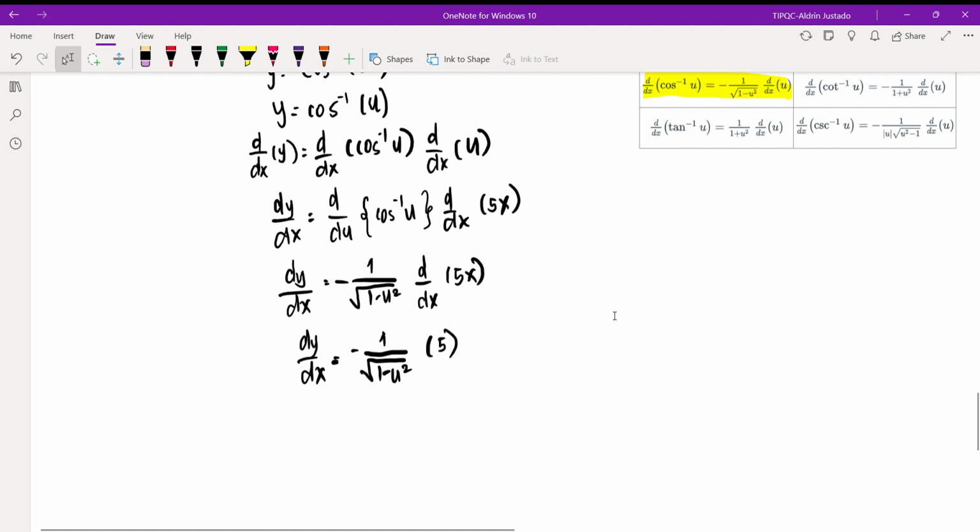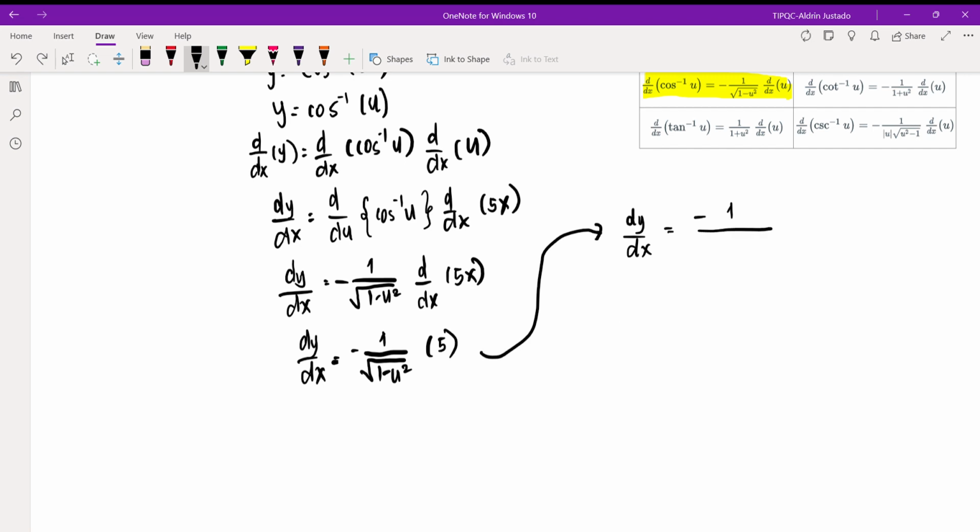So, substitute na natin, simplify this one. Dito na natin ilagay siguro. dy over dx is equal to negative 1 divided by square root of 1 minus 5x squared times 5.